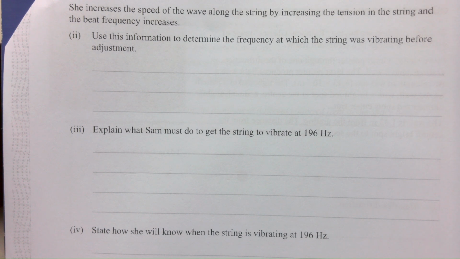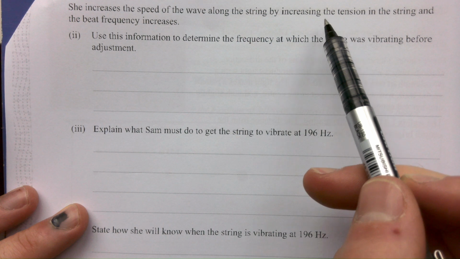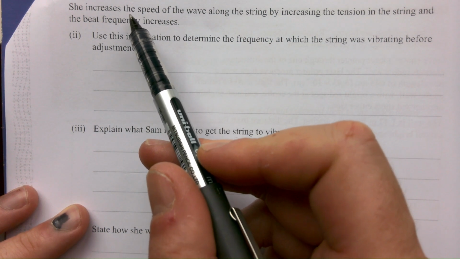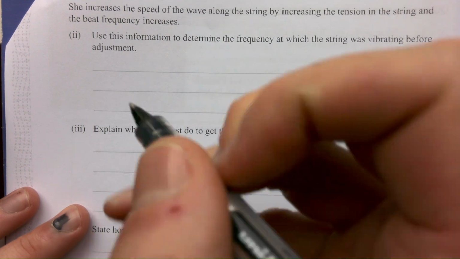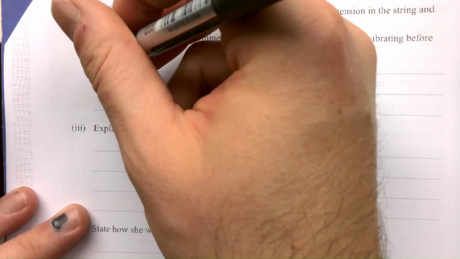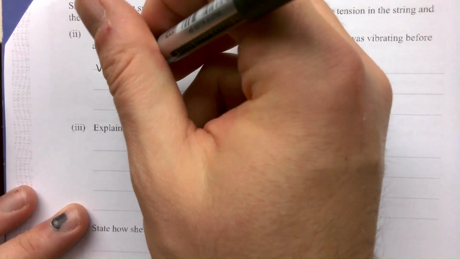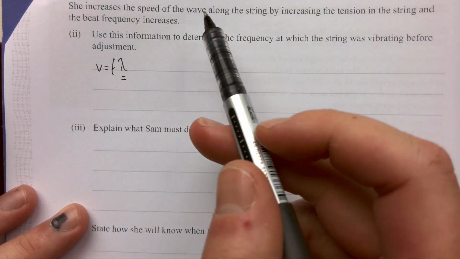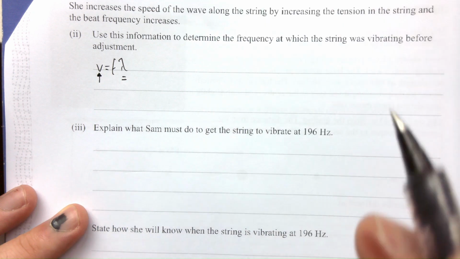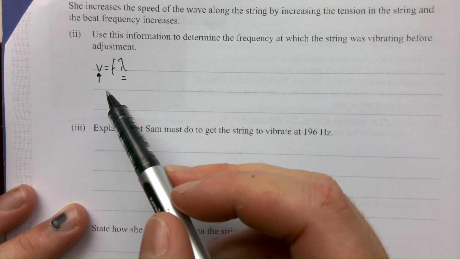The length of the string does not change, but we are told that she's increasing the speed of the wave when she tightens the string. So in our v equals f lambda equation, we're keeping the wavelength the same. We've just been told that the wave speed does increase, which means that the frequency must have got bigger.